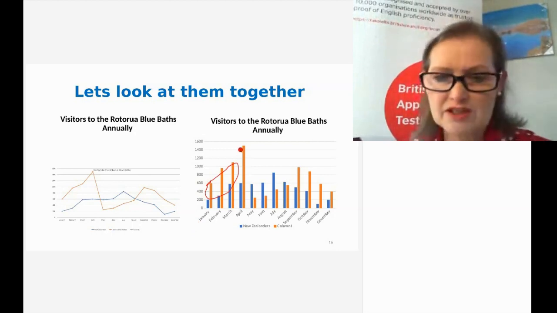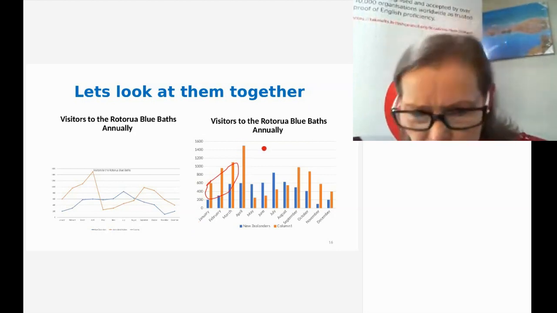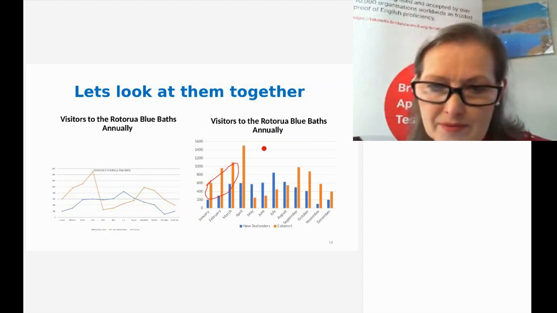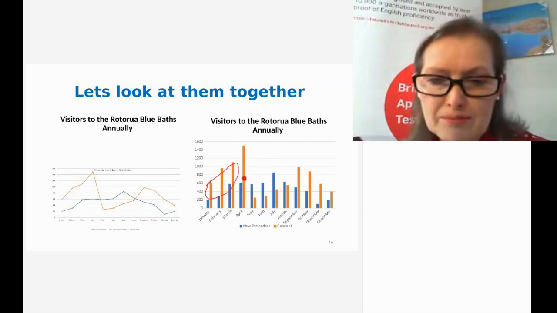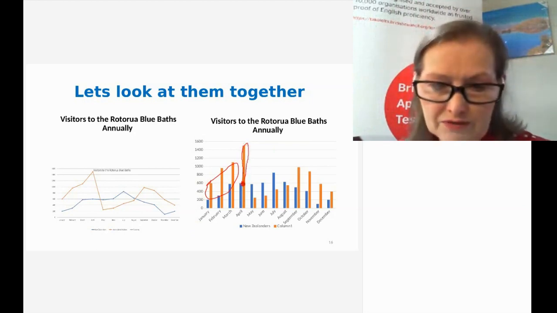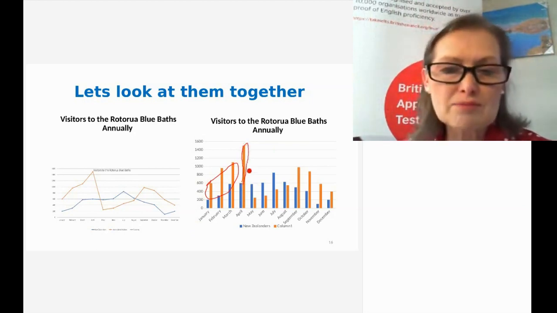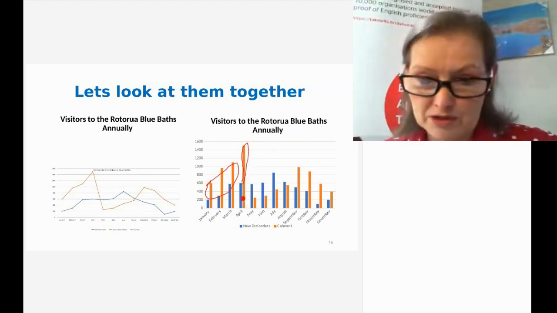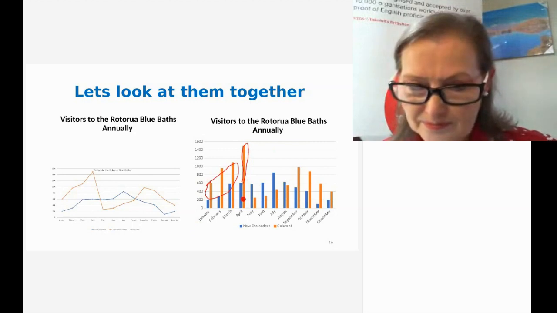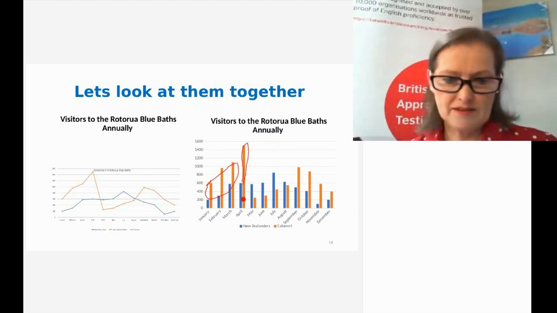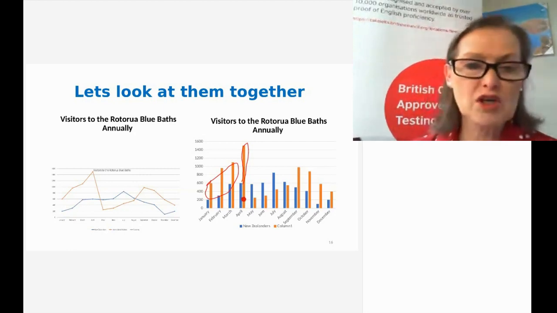Like, for example, I could have a look at this point in May, and I could say in May, there were double the amount of overseas visitors than local visitors. So I can start moving into more of that comparing language, and I can use my language of movement. So bar graphs with time are very similar.